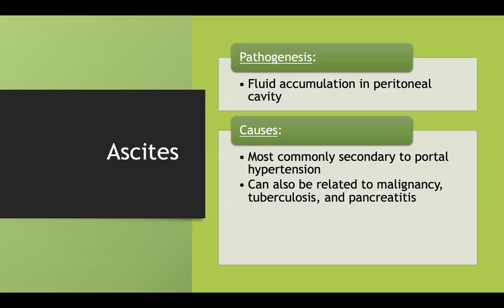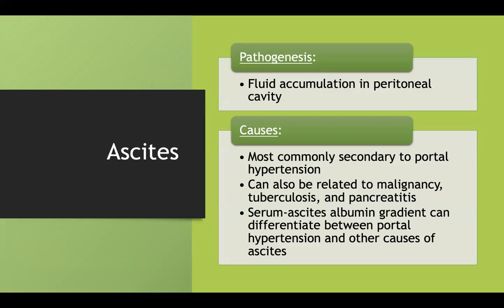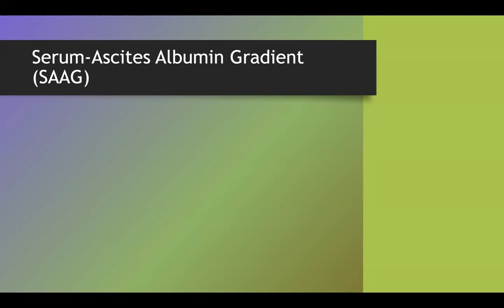And a question that's worth asking is, how do we tell? Is it portal hypertension? Is it a little bit more of a dangerous cause? We can use a lab test called the serum ascites albumin gradient, or the SAAG, to differentiate between portal hypertension and other causes. So how do you calculate a SAAG?